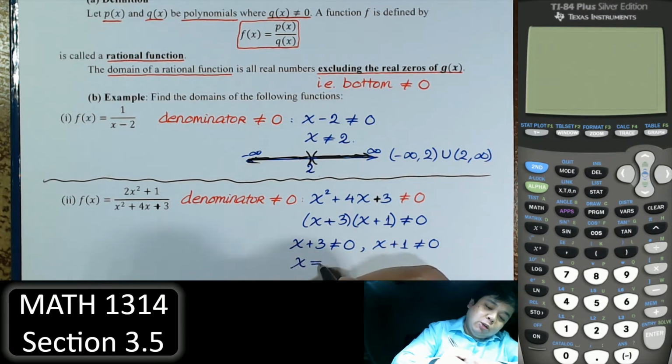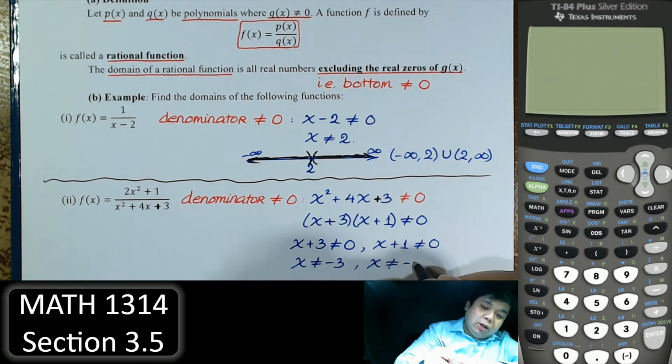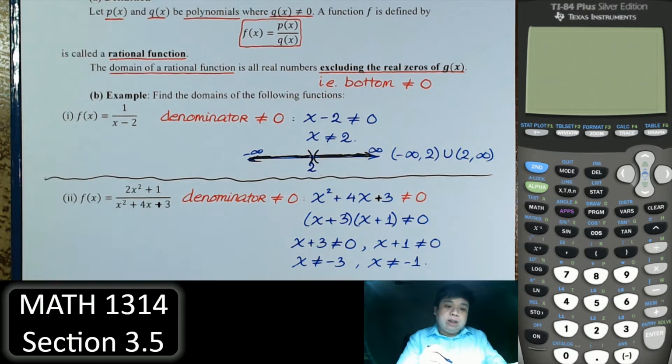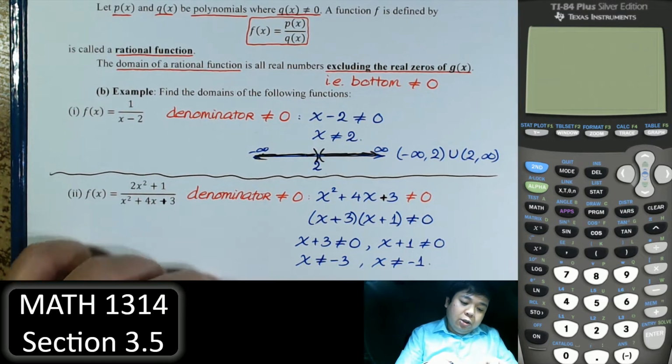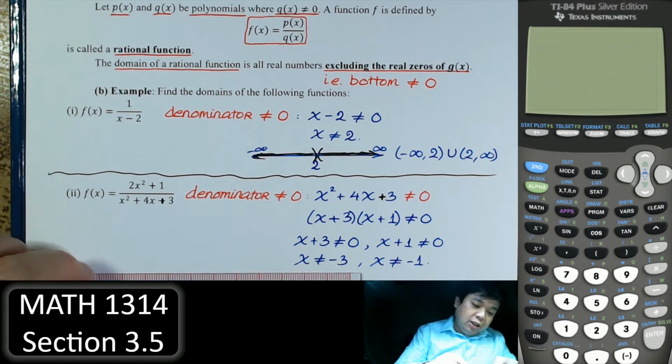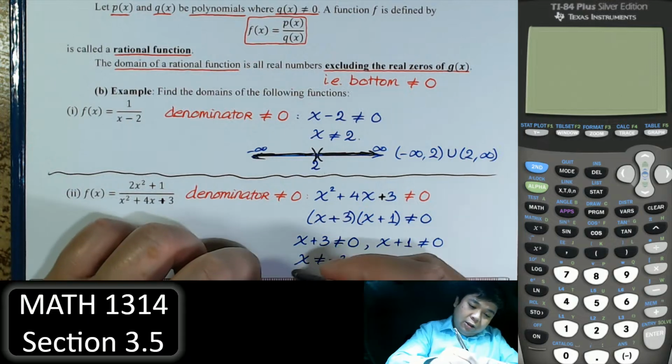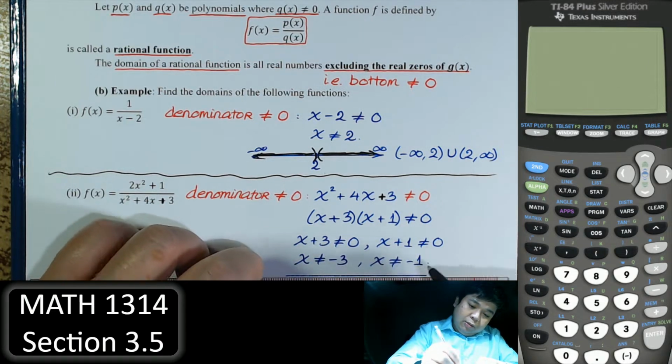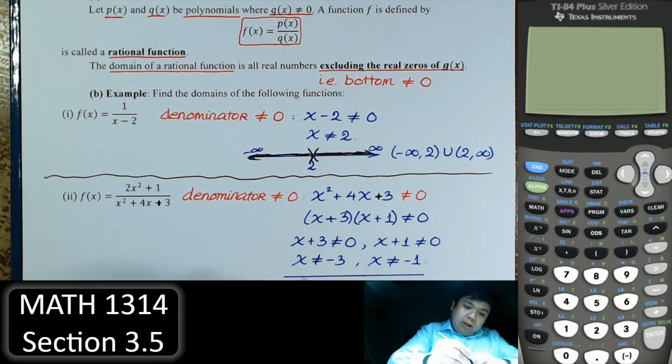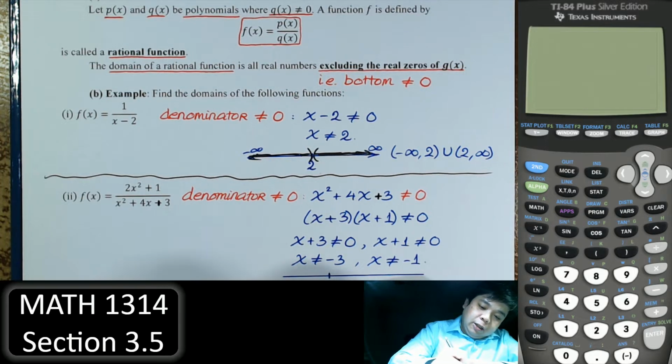So x not equal to negative 3, x not equal to negative 1. Right? So on the number line, negative 3 and negative 1, it can be anything but that.